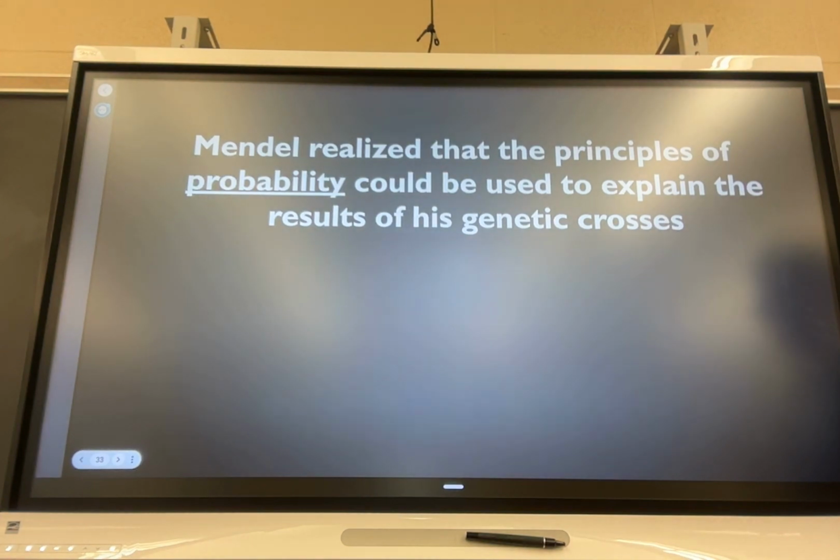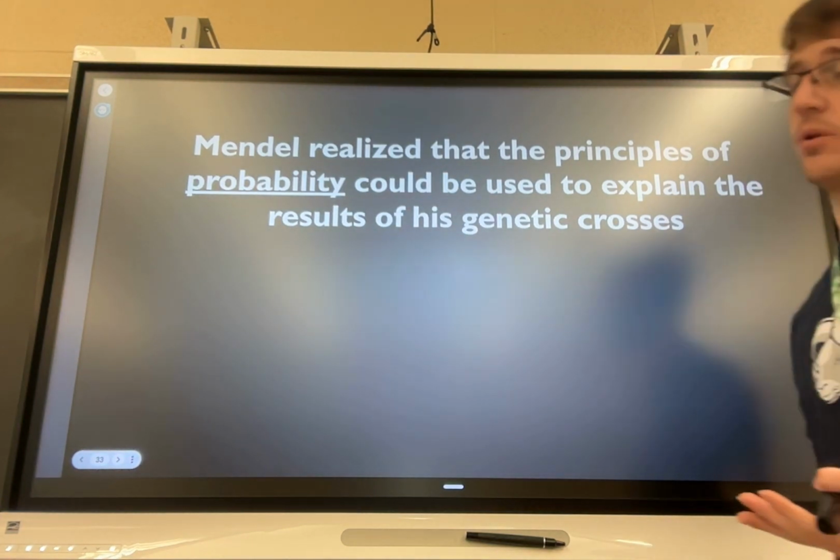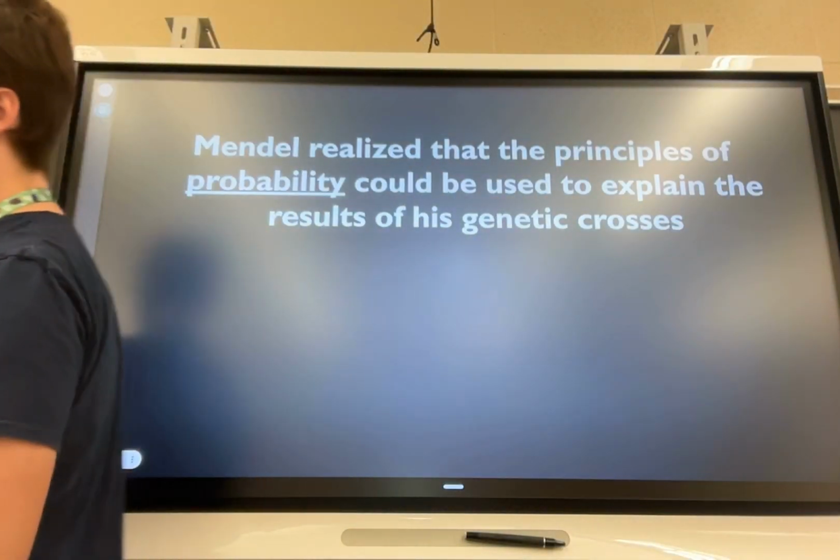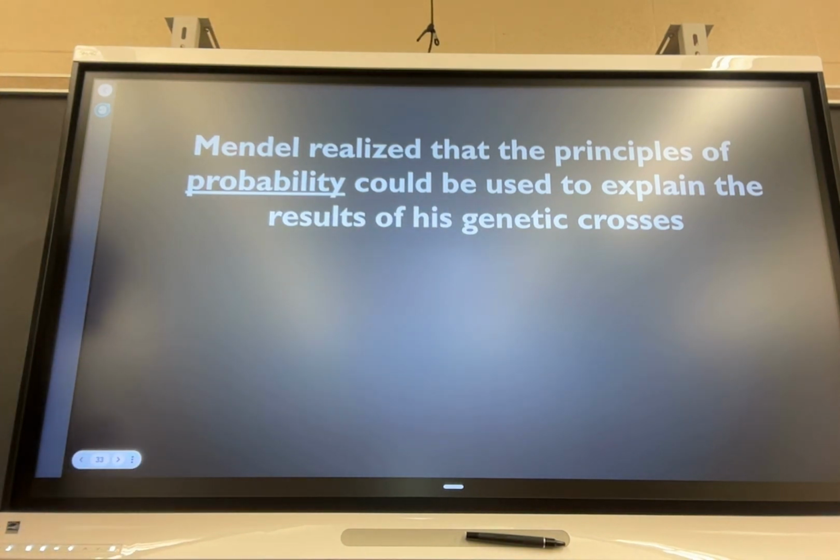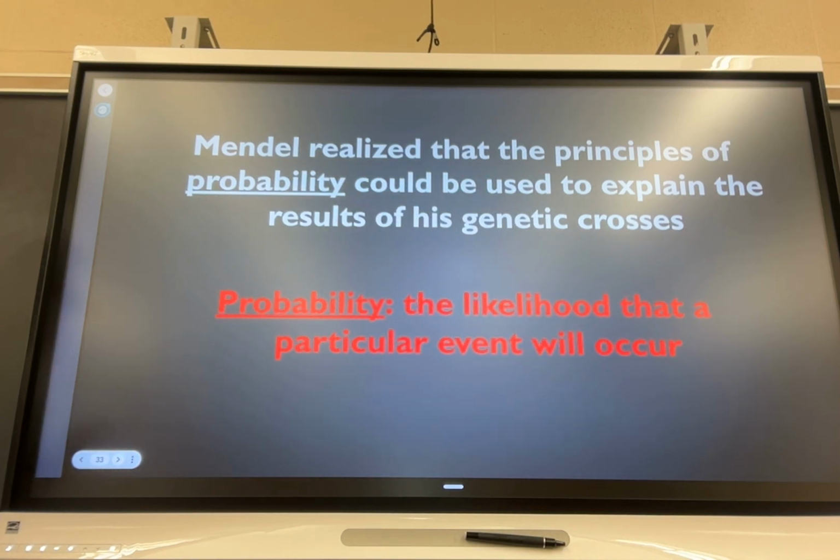So as I mentioned, these types of problems that Mendel figured out how to do are really good at figuring out the probability of genetic crosses. Probability just means the likelihood that a particular event is going to occur.